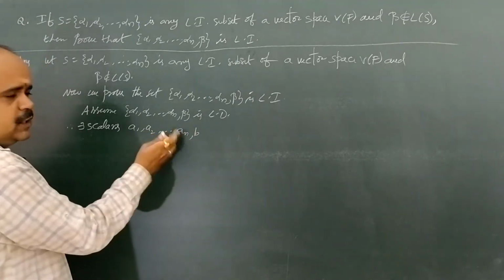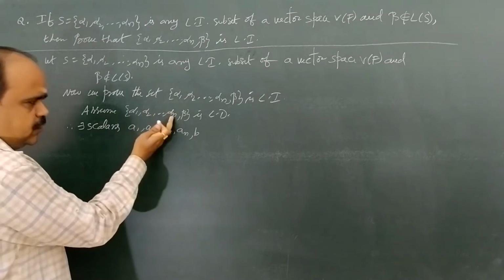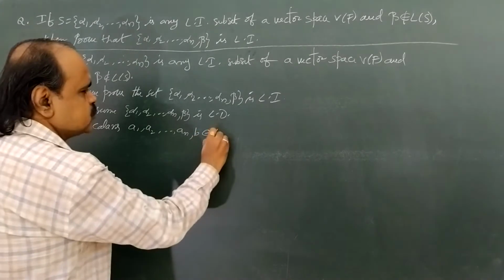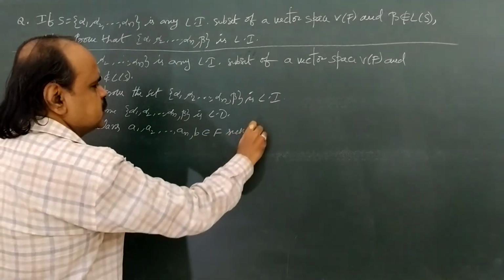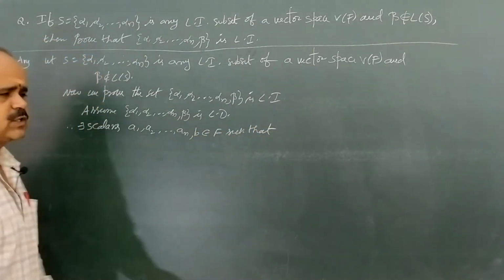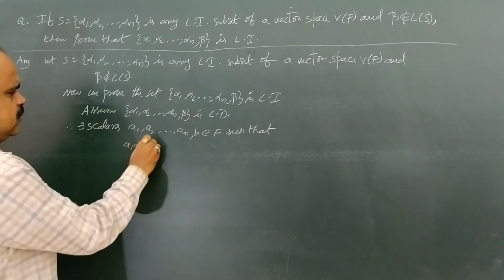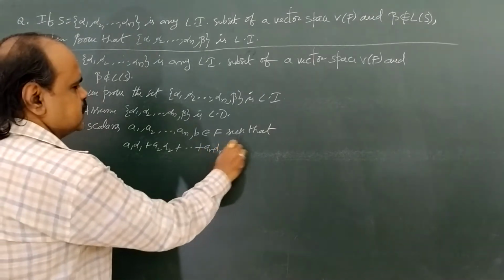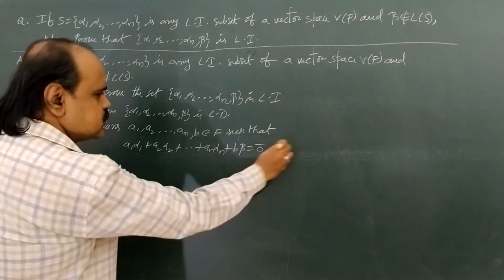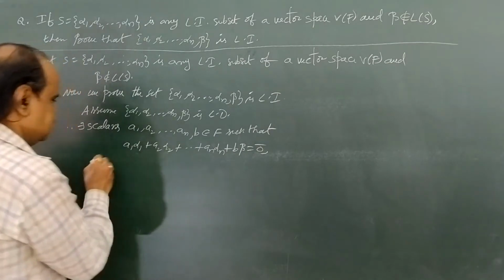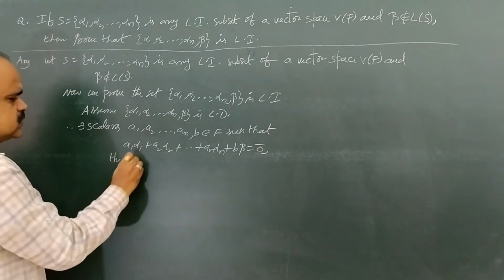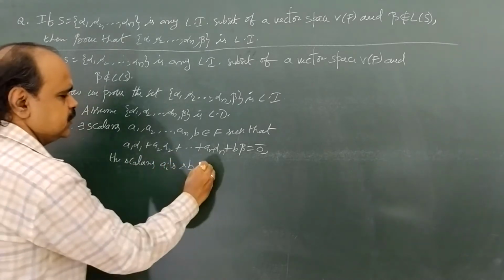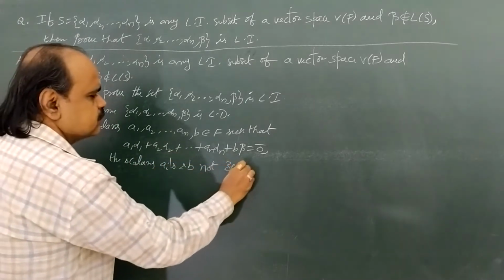A1, a2 and so on an are the corresponding scalars of alpha 1, alpha 2 and so on alpha n. For beta there exists a scalar small b belonging to F such that a1 alpha 1 plus a2 alpha 2 plus so on plus an alpha n plus small b into beta equals 0 bar, the scalars ai's and small b not all zeros.